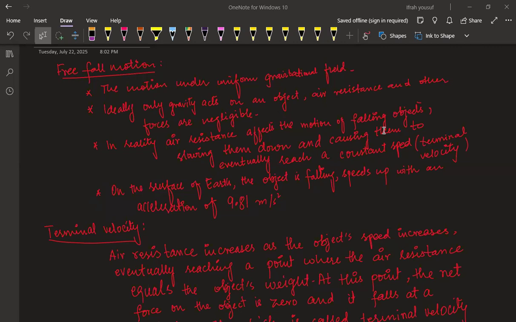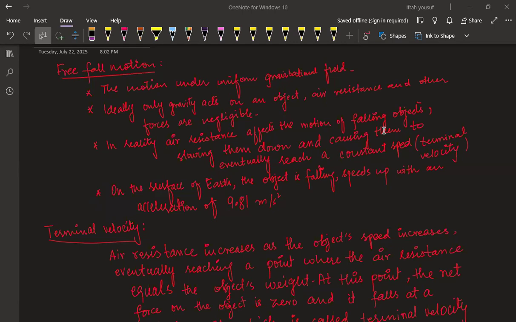So when we throw the object, initially when it is not released, it has initial velocity 0. But when it covers some distance, its speed increases every second, since the attraction from the earth is 9.81.